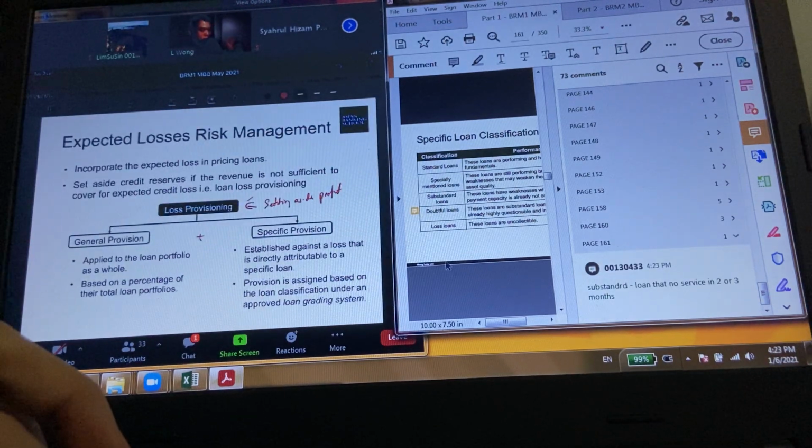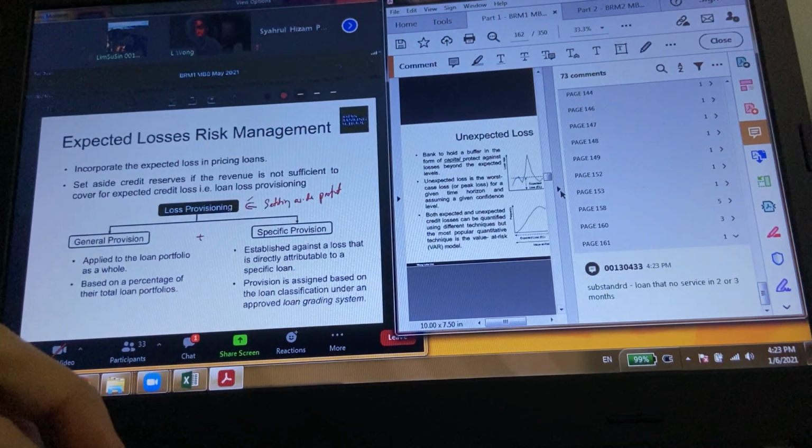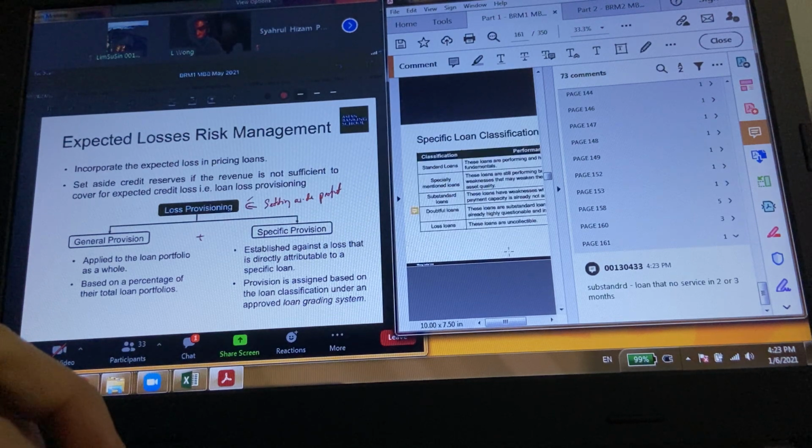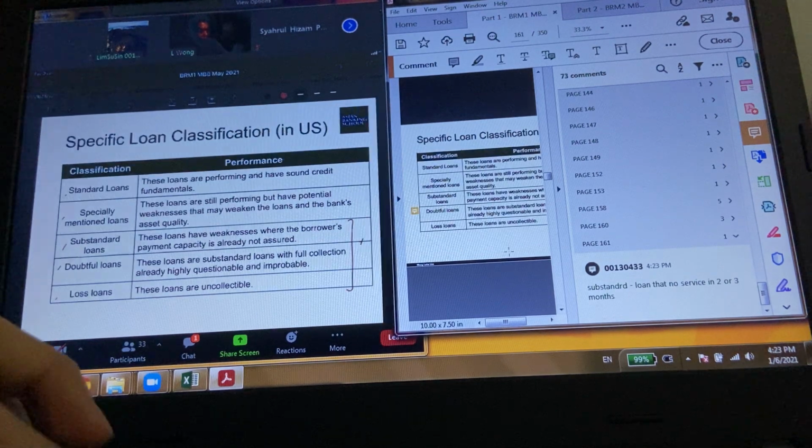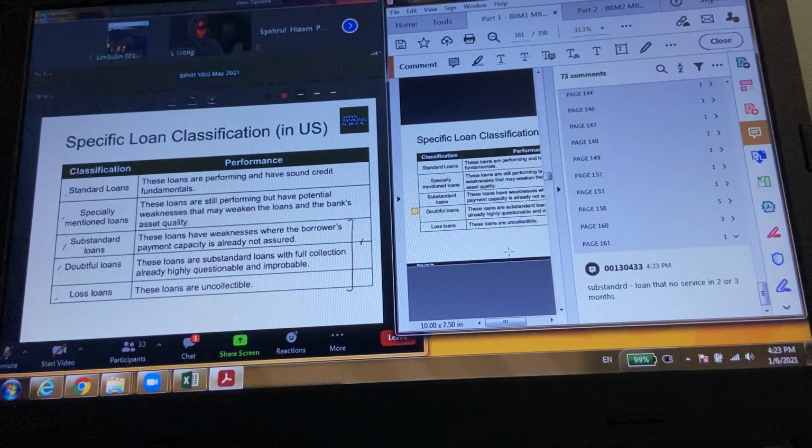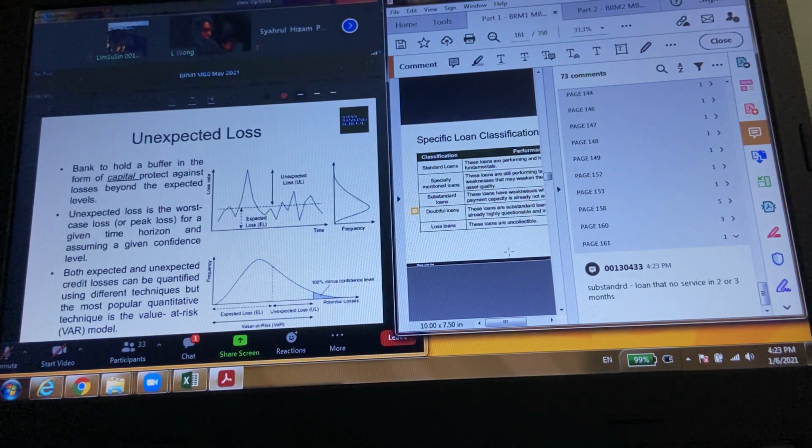Just understand the difference between general provision and specific provision. Under specific provision, there are various categories. I mean, how do you classify those loans individually? To summarize, every bank should have some amount of expected loss, something that you expect to lose when you give out loans.